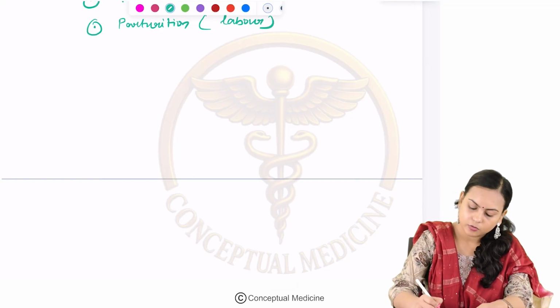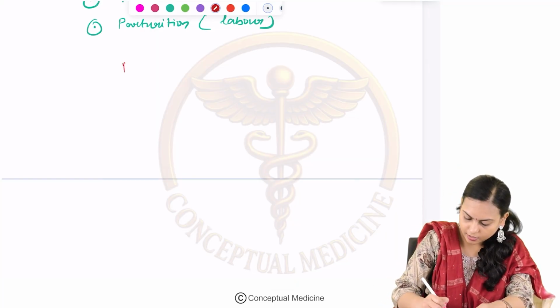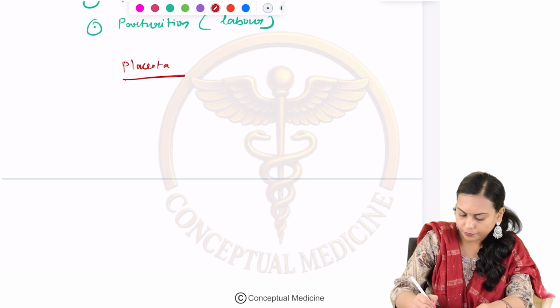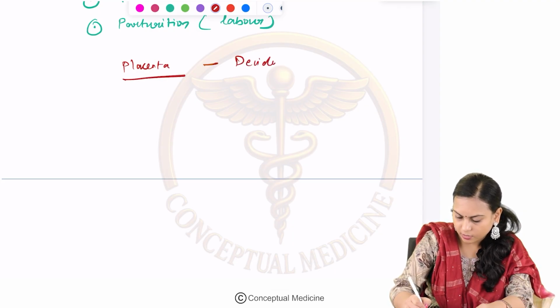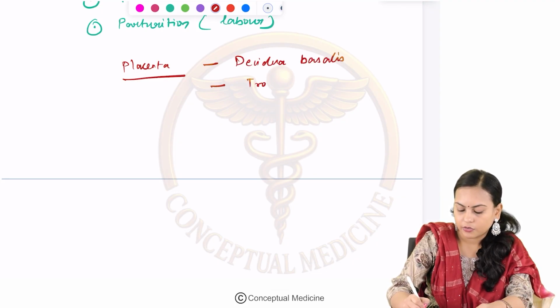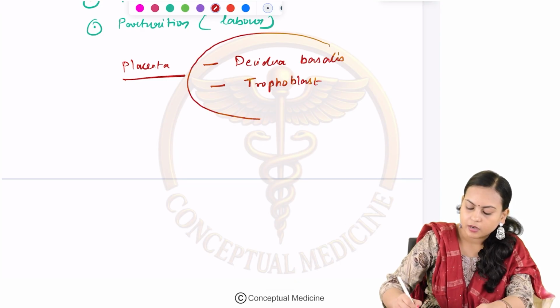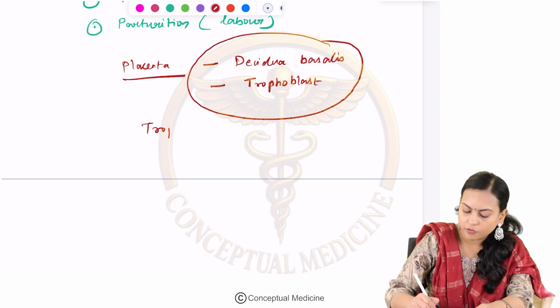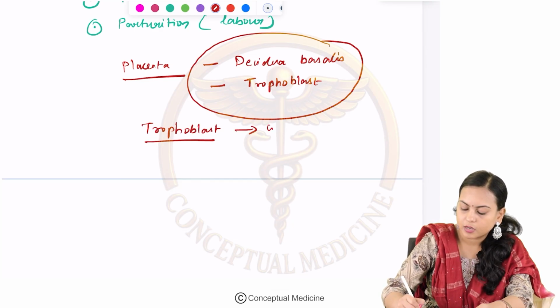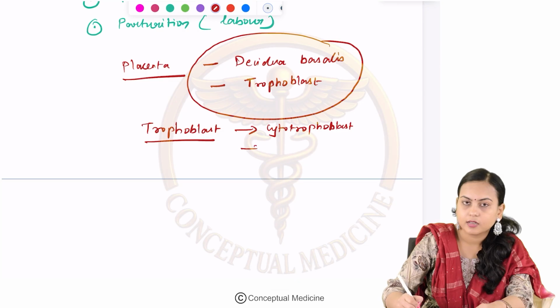Now we all know placenta is formed by decidua, villi and trophoblast. The trophoblast differentiates into cytotrophoblast and syncytiotrophoblast.